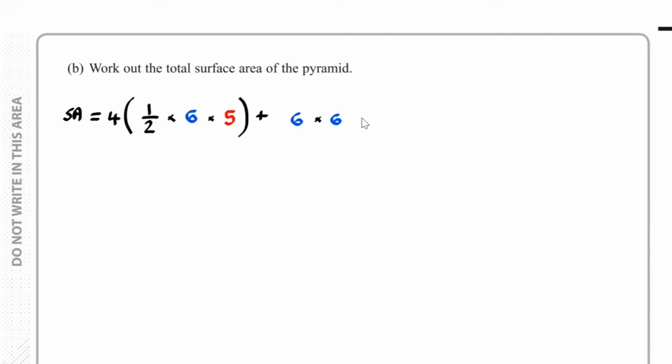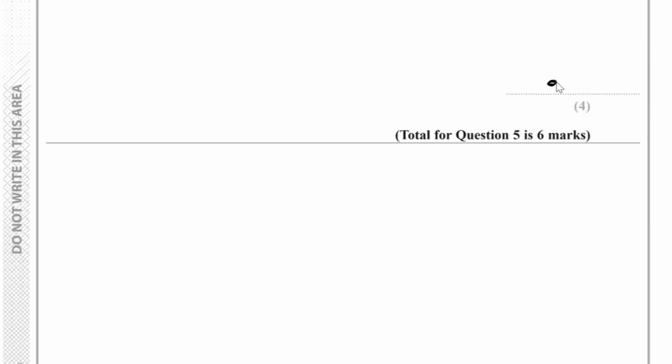And so if we work this out, 2 times 6 times 5 is 60, plus the 36. We have 96 centimeters squared.